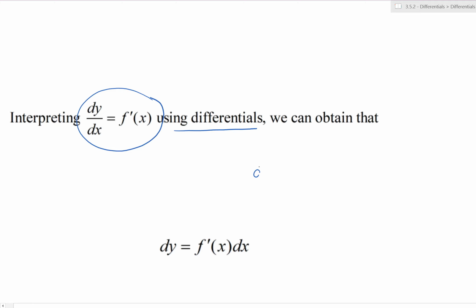Now, how so? You just start with dy/dx equal to f prime of x, and treating dy and dx as their own arbitrarily tiny infinitesimal changes in the corresponding y and x directions, if I simply multiply both sides by dx, then we get the result. When we're dealing with a context that's not this situation, that's not something we normally do.